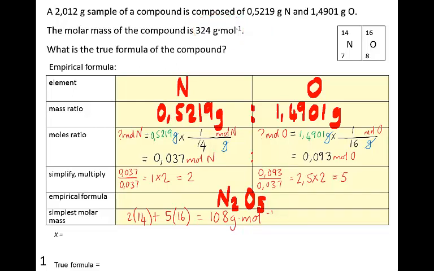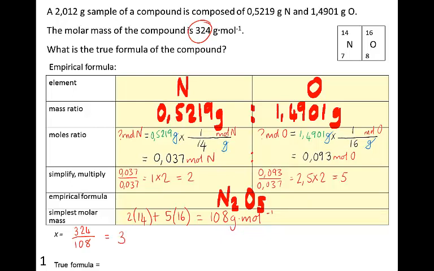We find that out by dividing the true molar mass, 324 grams per mole, by the simplest molar mass, 108 grams per mole, to get the factor by which the true molar mass is bigger than the simplest. 324 divided by 108 is 3.